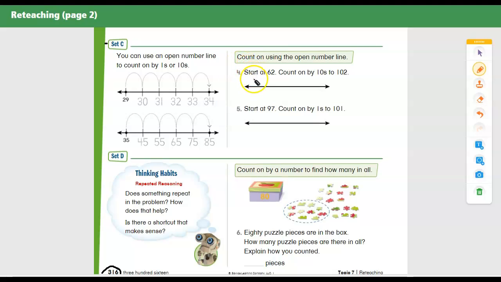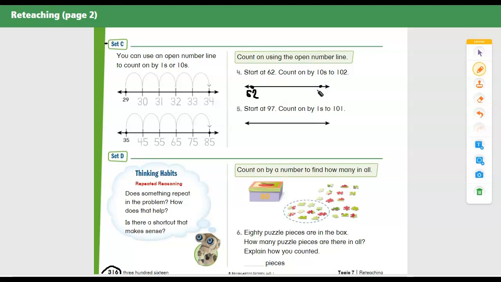For number 4, it says start at 62 and count on by tens to 102. To begin, you will make your beginning dot here, and it says we are starting at 62, so you will write 62. It then says you will count on by tens to 102.